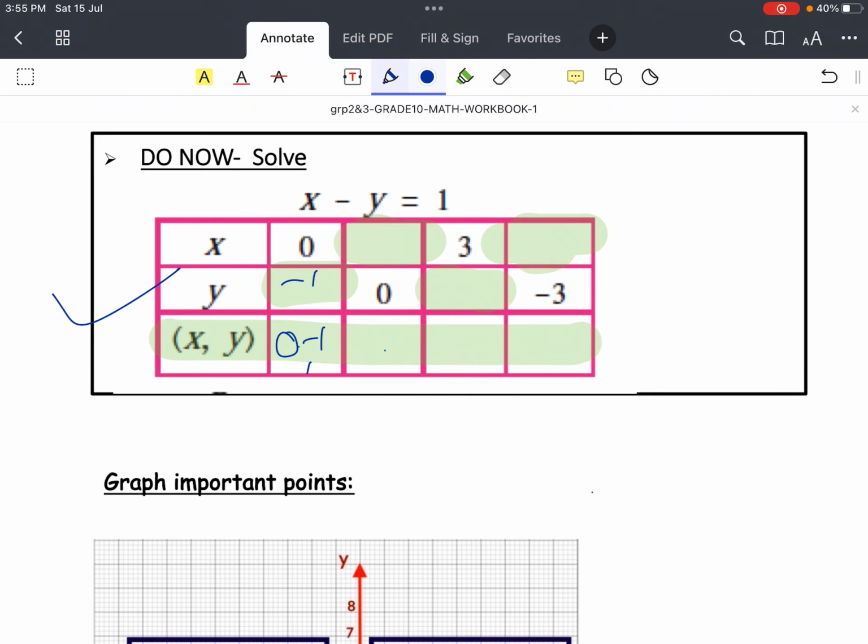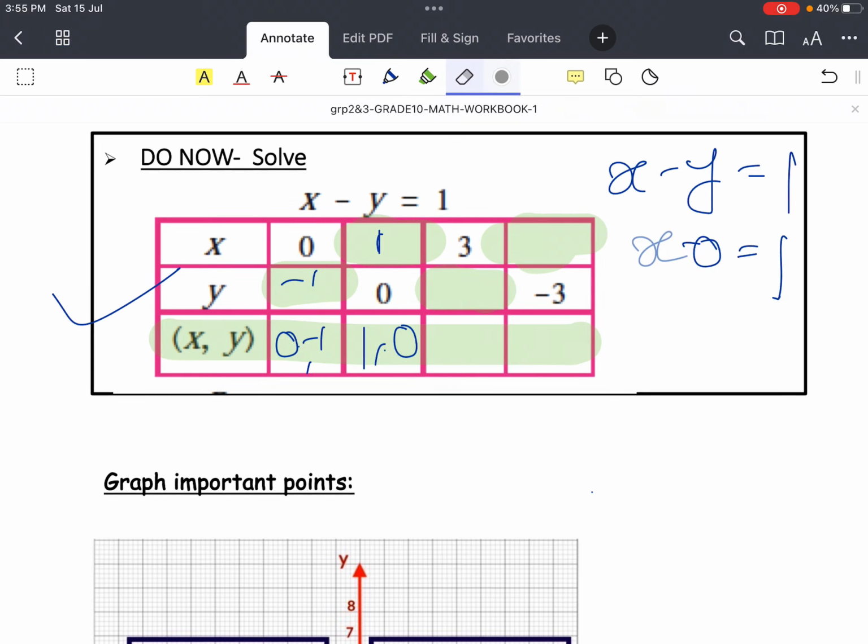Next, for second condition, y is equal to 0, so x minus y is equal to 1, but y is equal to 0, so x minus 0 is equal to 1, तो x की वैल्यू बन गई 1, so your coordinates are 1 and 0. Now let's see for third case, x is equal to 3.